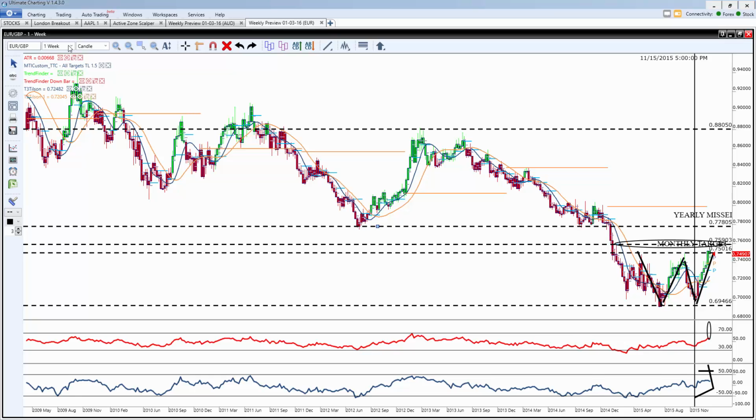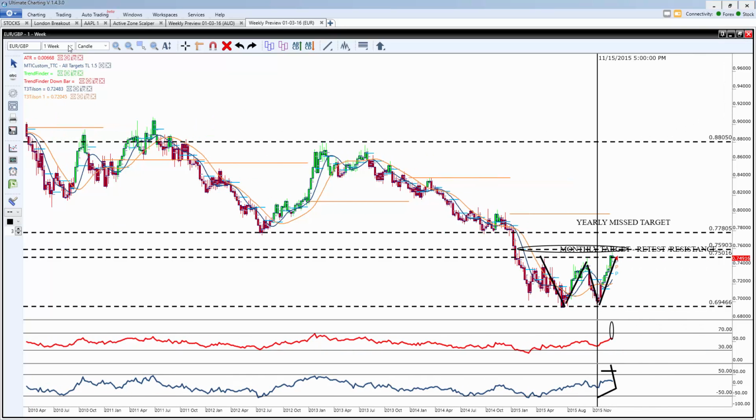This may be the pretty big one. So it's been holding the price pretty good there. So if it goes, it may go all the way up to this one. If it passes through that, maybe this area could be the yearly missed target and also major resistance right there.